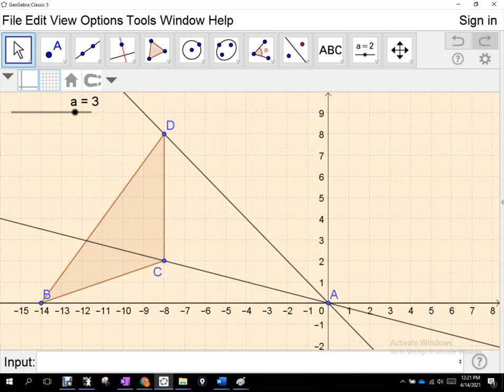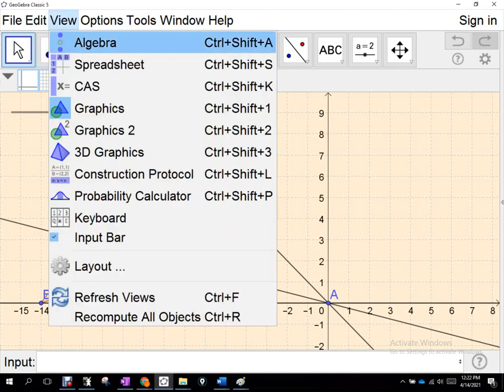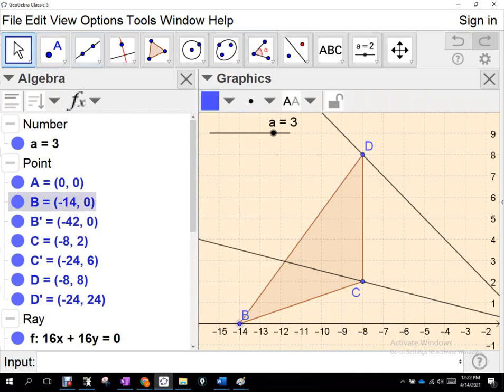Okay. So now I can look at the points A prime, B prime, and C prime compared to A, B, and C, or I guess it's B, C, and D, and B prime, C prime, and D prime. Let's look at those. If I look at those two, okay, what do I multiply 14 by to get 42? 3, right? What do I multiply 0 by to get 0? Could I use 3? Okay, so maybe that's not the best one to look at.